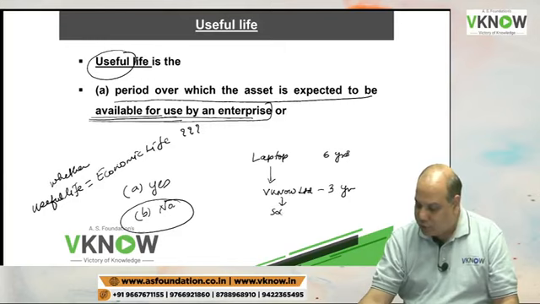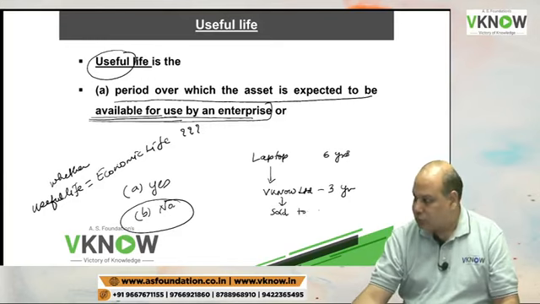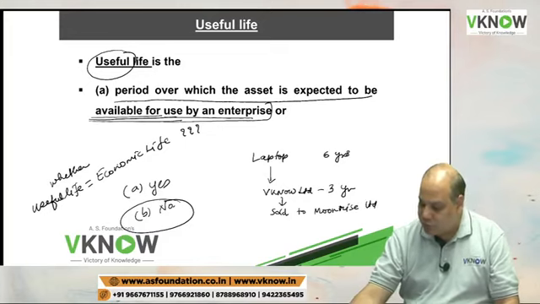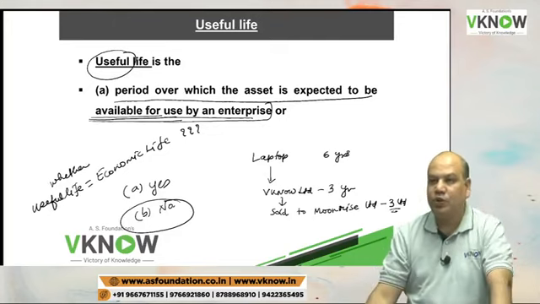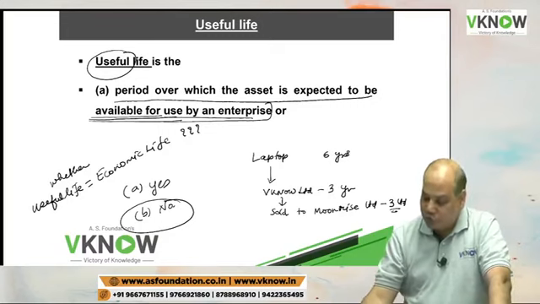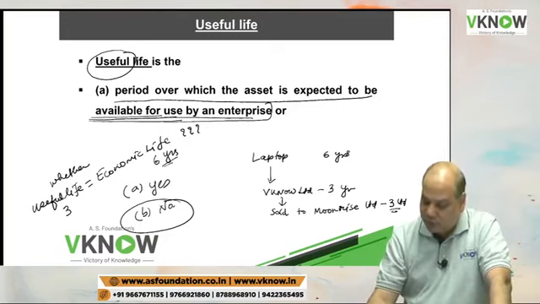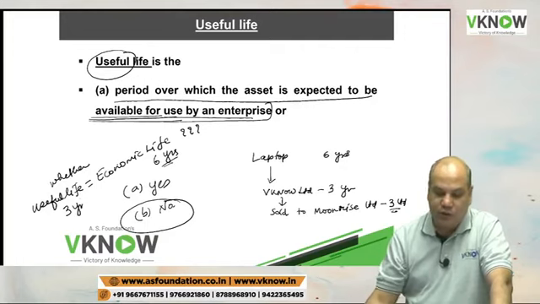After that, it will be sold to Moonrise Limited. Moonrise Limited will use it for 3 years, and then this laptop will stop functioning. So its economic life is 6 years, but for the entity useful life is 3 years.